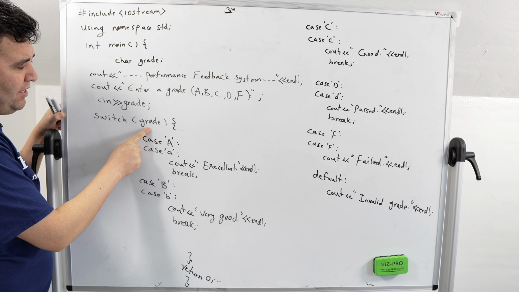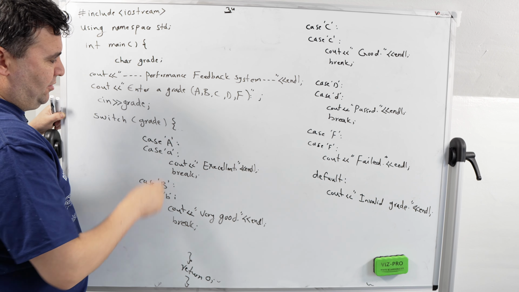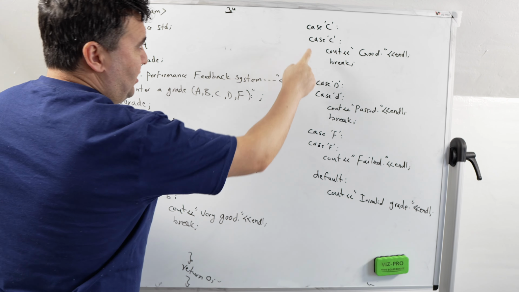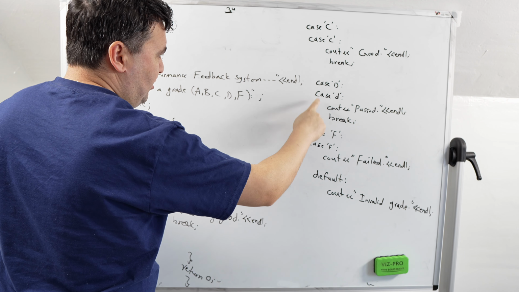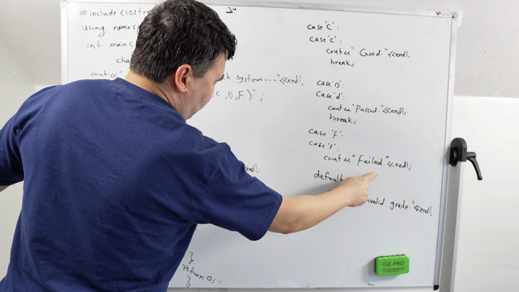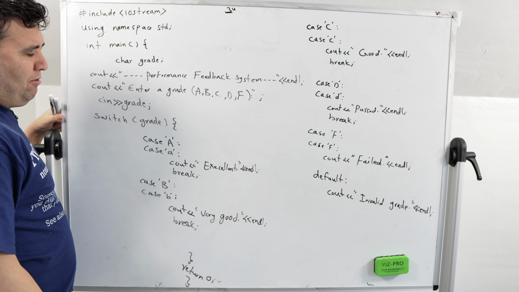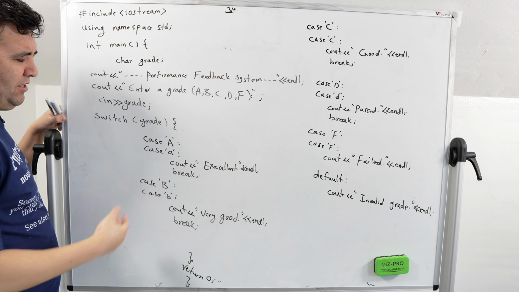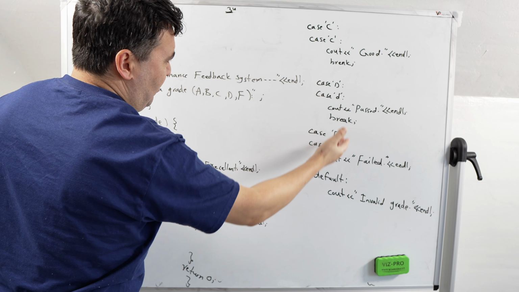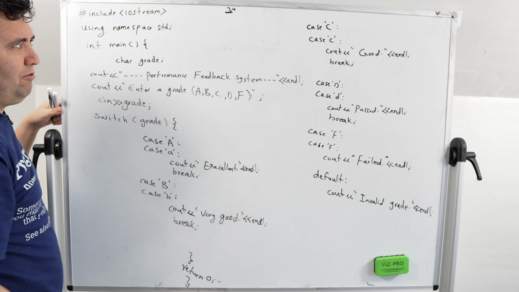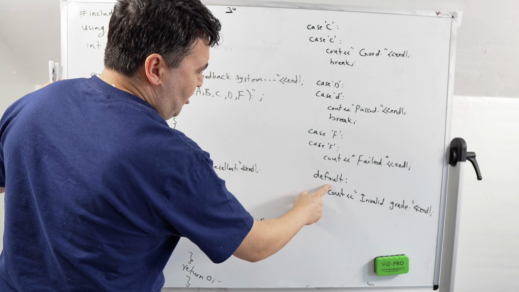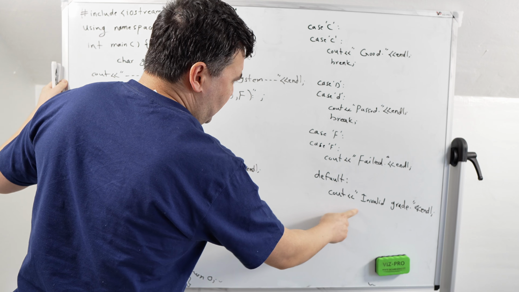Then if the user enters F, again the earlier cases will not be executed, and this case will be executed and it prints out failed. And now if the user enters another character, for example K, none of the above cases will be executed because we don't have any case for K. So the default section of the switch statement will be executed and cout says invalid grade.